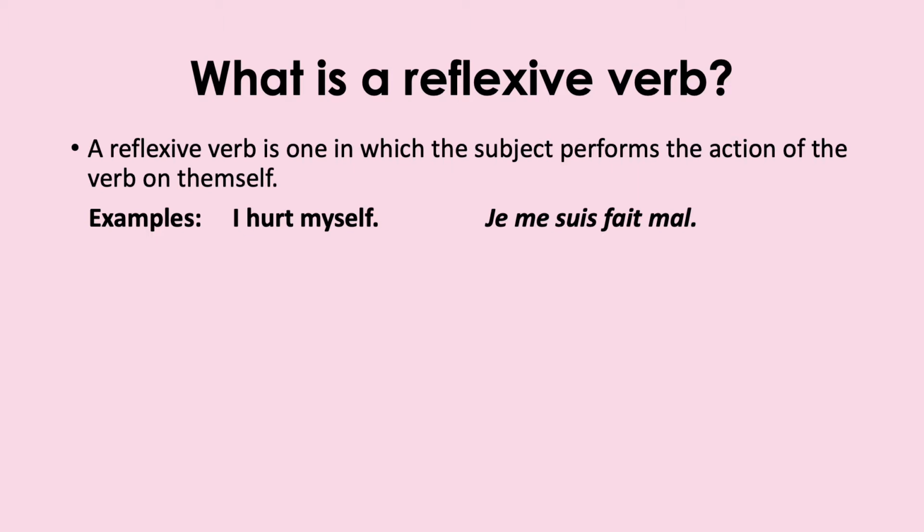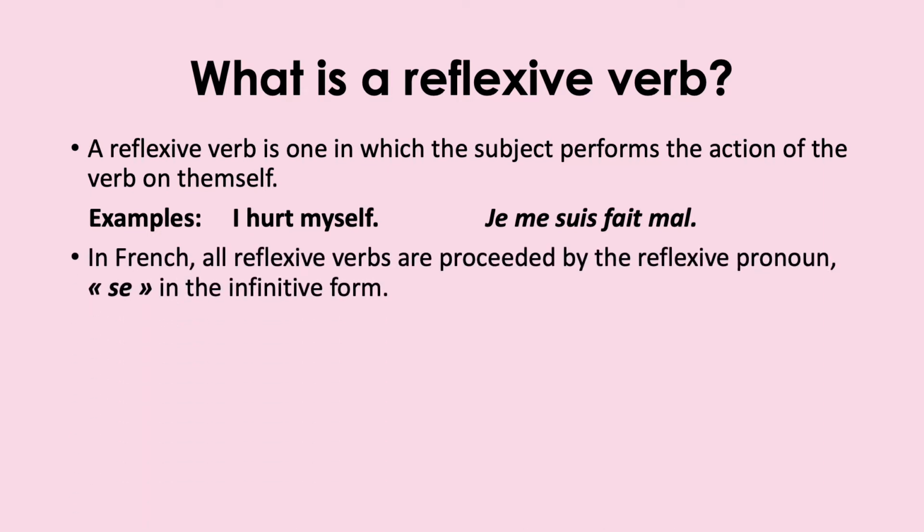So if I said, I hurt myself, then I am in a way performing the action of the verb on myself. Who did I hurt? Myself. The subject is performing the action of the verb on themselves. Now in French, we've got an example, je me suis fait mal, which is our translation of I hurt myself.